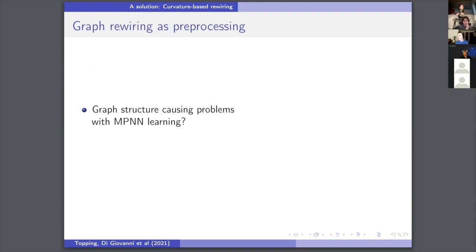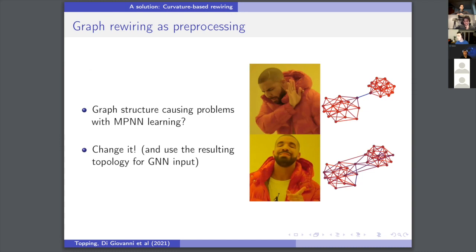If your graph structure isn't amenable to the graph learning, then change it and use the resulting graph topology as the input to the neural network instead. So we can see here that instead of taking this dumbbell-shaped graph with a very small bridge in between it, that has a very negatively curved edge at the center in blue, we can try and support this edge a little bit more and alleviate the flow between the two cliques.